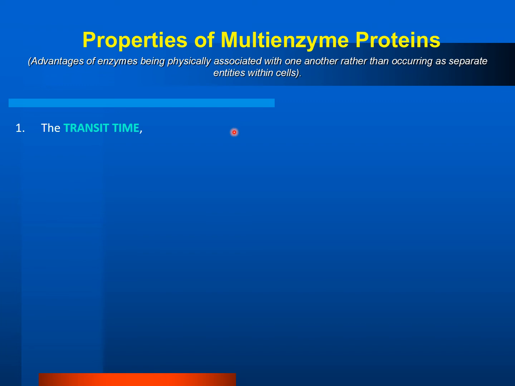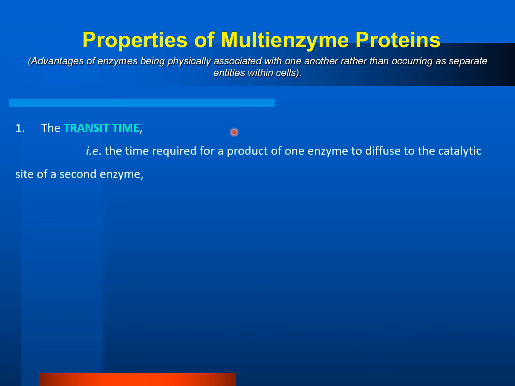So the very first is the transit time. Now what is this transit time? This transit time is the time required for a product of one enzyme to diffuse to the catalytic site of a second enzyme. I hope it is very clear.